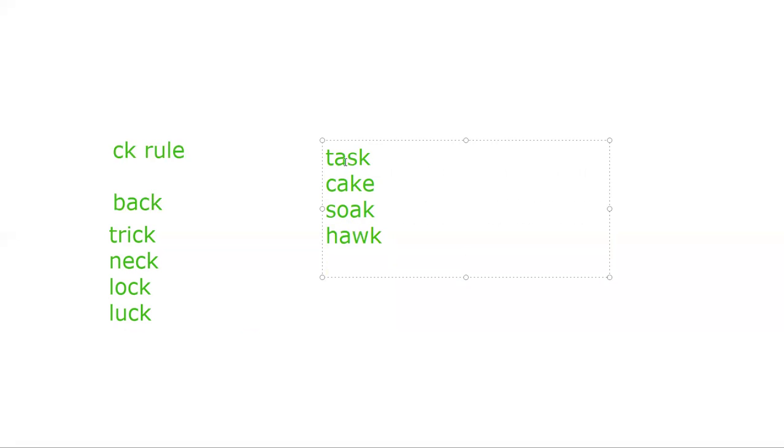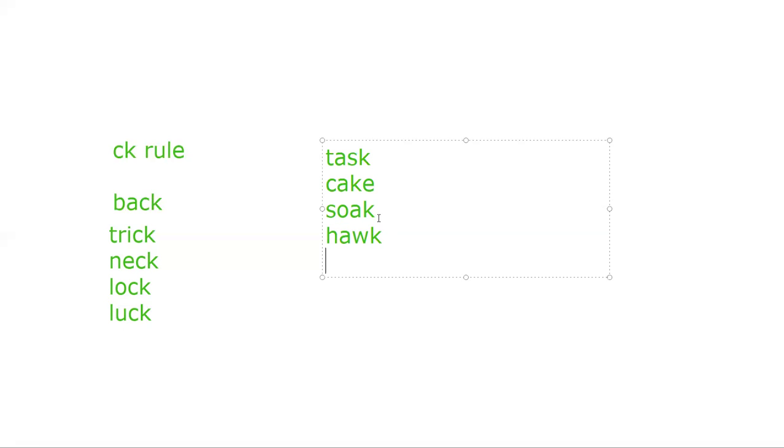In task it is a consonant sound. In cake it is long vowel A sound. In soak it is an O vowel digraph. AW is an alternative of the O sound. So in that case, if there is K sound coming at last, then it is usually only the letter K.